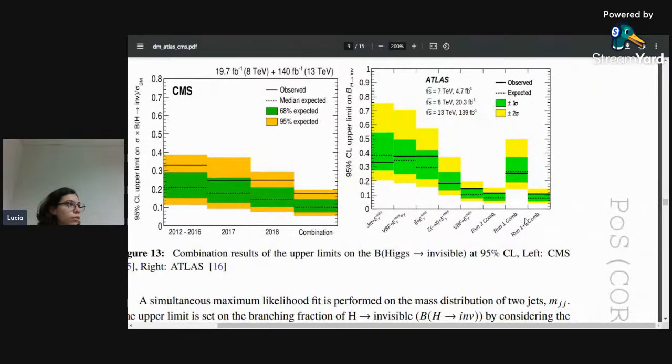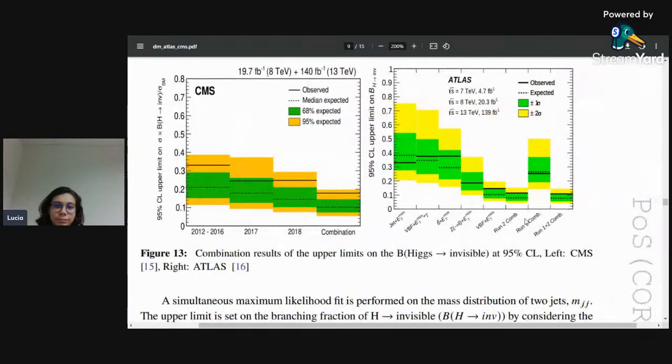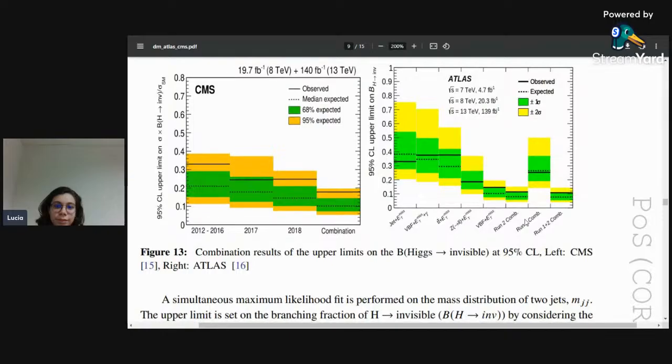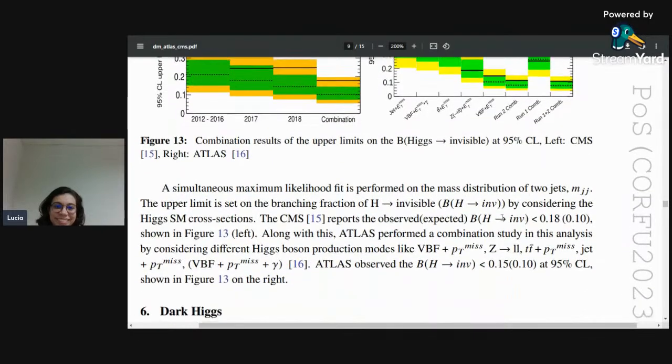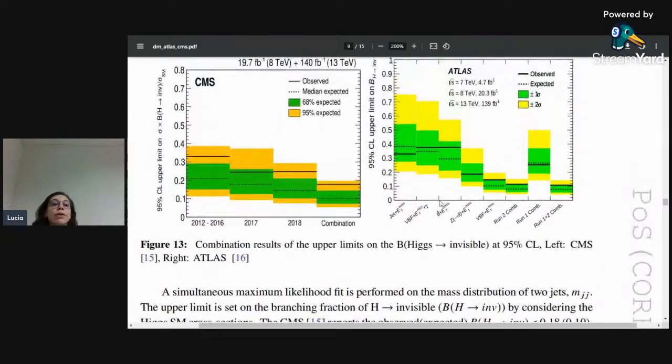Is it okay for you? Kind of. It's not okay for me. Why? These colored lines are the 68 and 95 confidence level bands. This is observed.